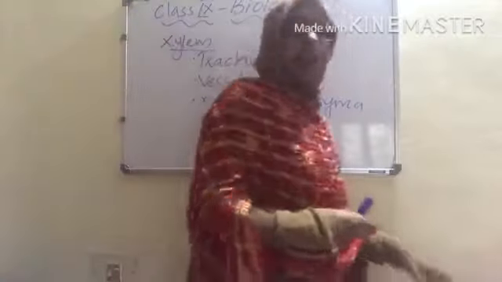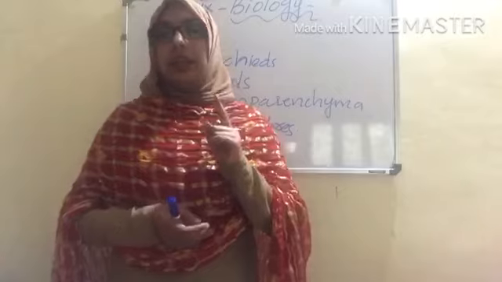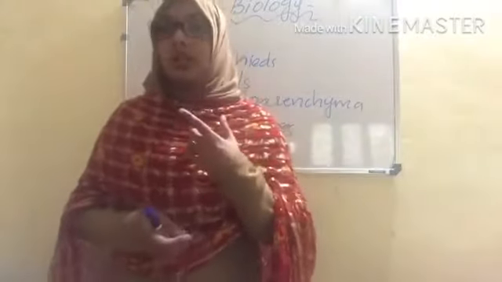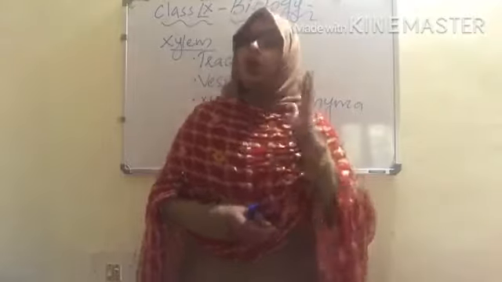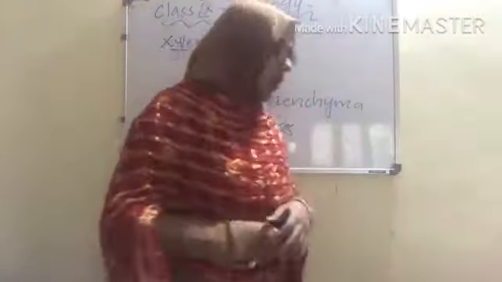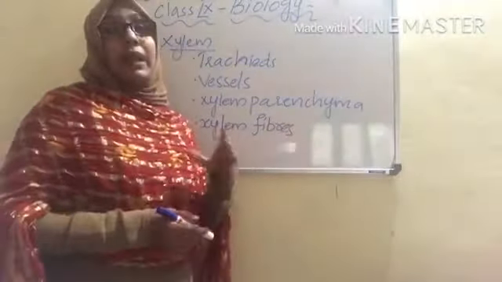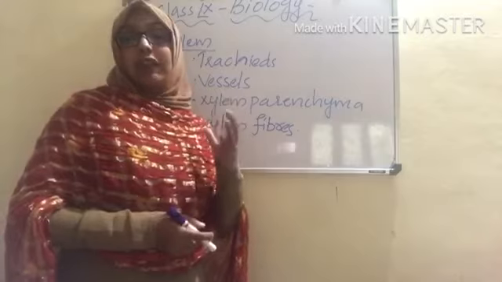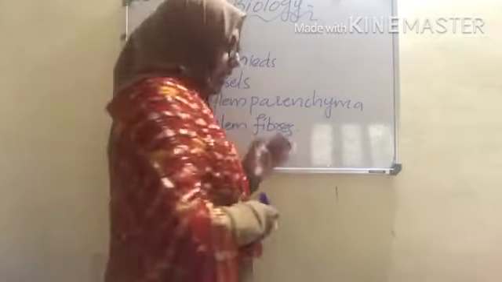What is the function of xylem? They conduct. Yes, they are the conducting vessels which are meant for conduction of water from the roots to different parts of the body, isn't it? Coming to the type of cells in xylem, xylem cells have thick walls and many of them are dead in nature.